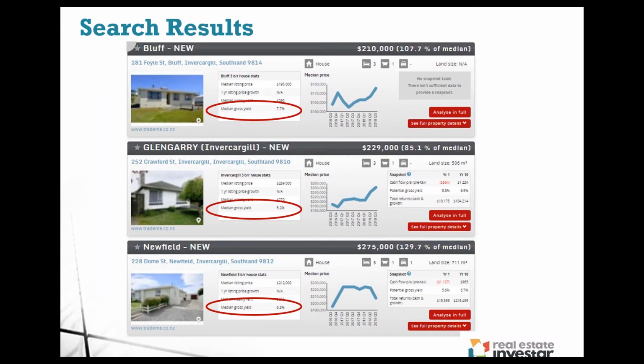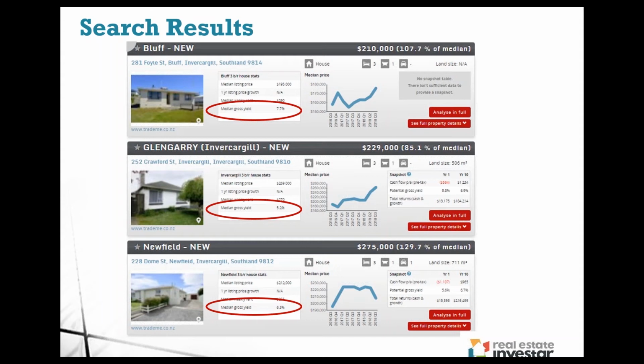Okay, so for the first one, we can see at $210,000 that it's just over the median asking price of 195. Now, it doesn't matter if they're over the median sometimes, if the money is going to be there to justify it.